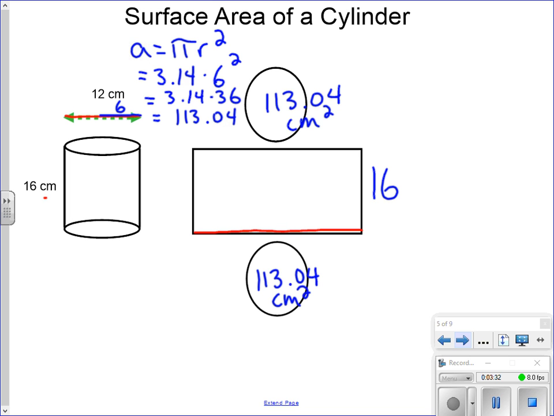Now, if you think about it, the distance around this circle, when you unroll it, should be the length of this rectangle. So all we need to know then is the distance around the circle. And I know what you're thinking. I easily can find the distance around the circle if I already know the diameter, which we already do know.